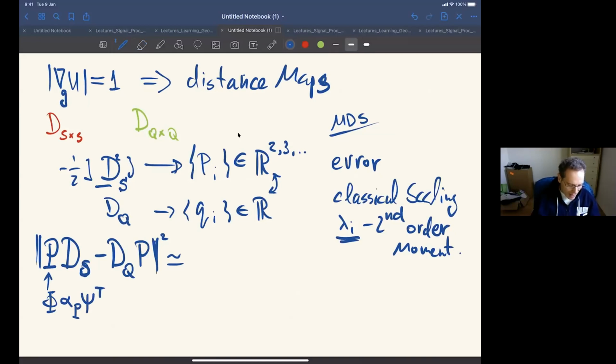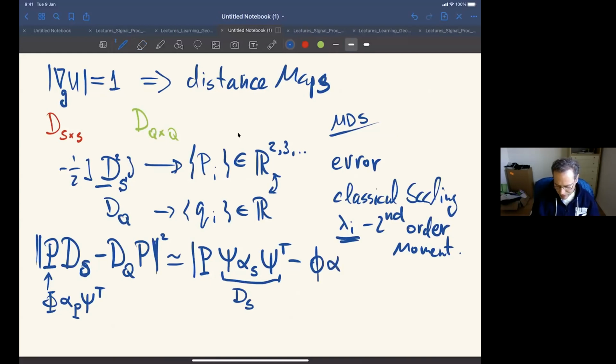And now this problem reads, let's keep P for a moment and just write the intergeodesic distances as Psi alpha S Psi transpose minus, now I have, so this was my D of S, and I do the same for D of Q. So D of Q was Phi, now I have another alpha, it would be alpha Q, and here I have Psi transpose, and here I have P again.